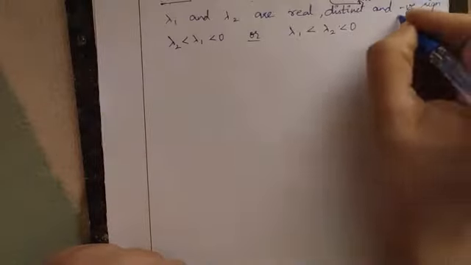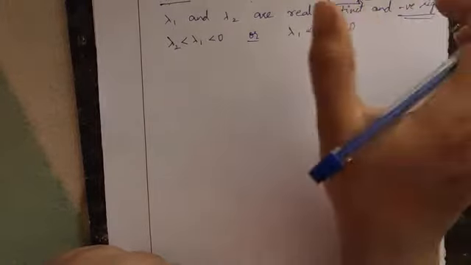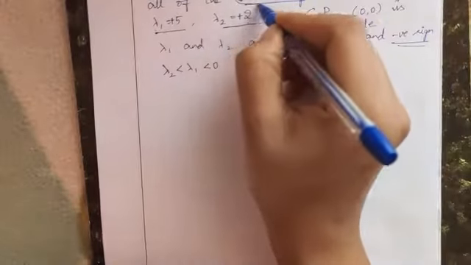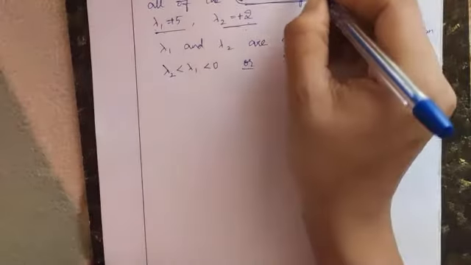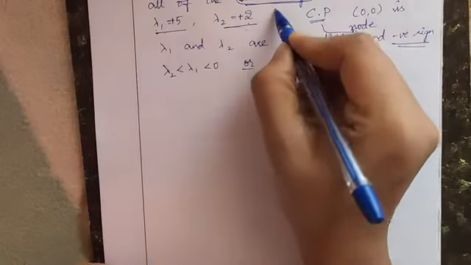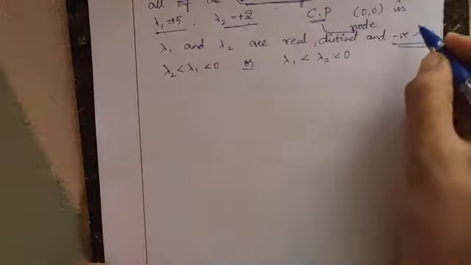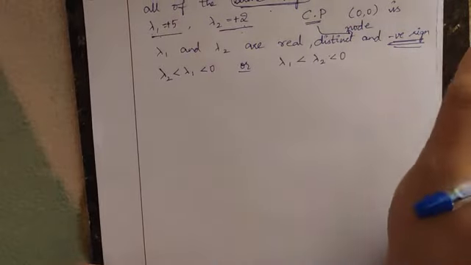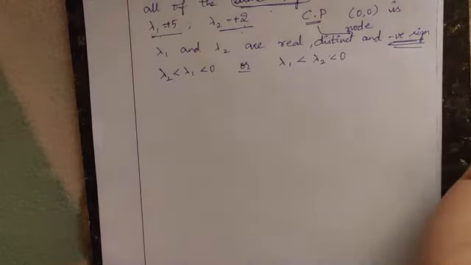Less than 0 indicates negative sign, right? We are discussing lambda 1 and lambda 2 are real and distinct and of same sign. So initially I am considering both the eigenvalues are of negative sign.